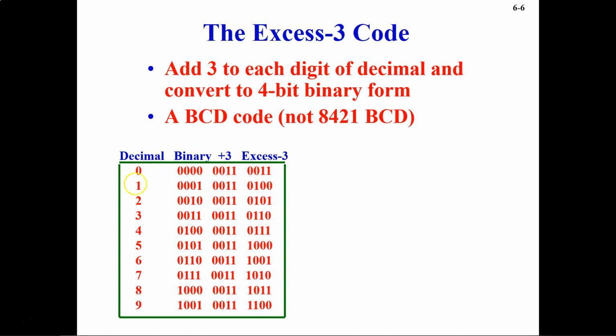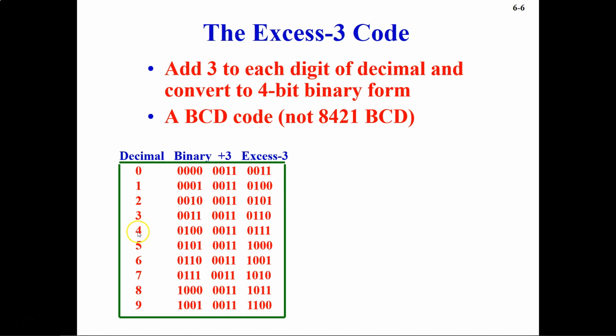Okay, and let's see one more. You have 1 here, so 1 plus 3 is 4, and 4 in binary is 0100. So this is your 1 in excess-3 code. If you have a decimal 1, then the excess-3 code number will be this for that particular decimal.